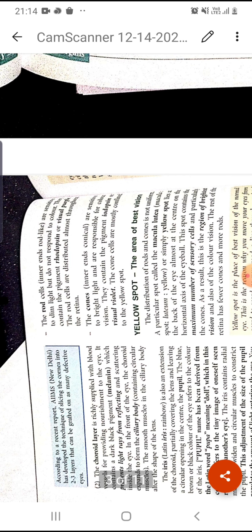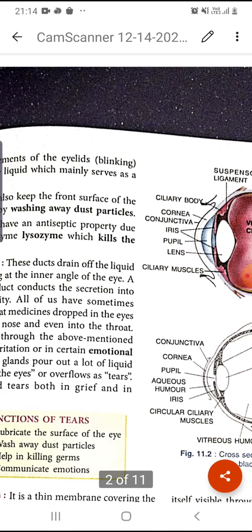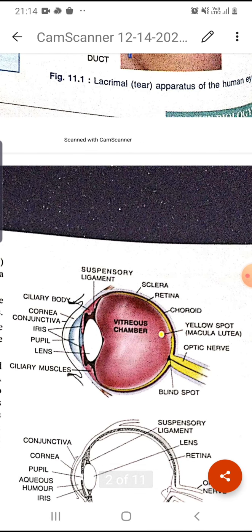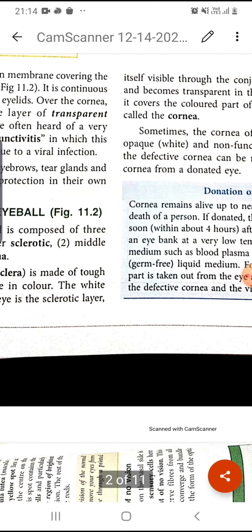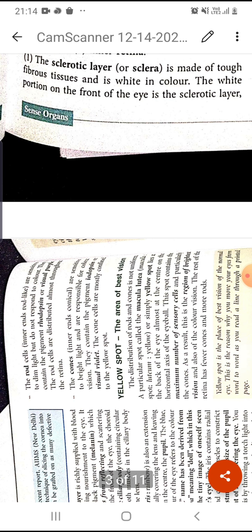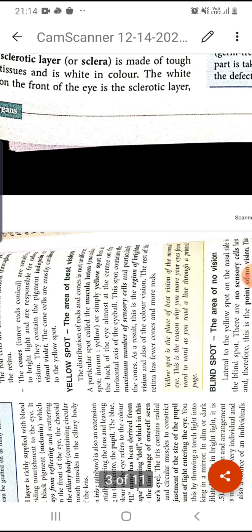The cone cells are mostly confined to a region, the yellow spot. Here you can see the yellow spot or macula lutea, which contains the cone cells and iodopsin, and is responsible for our color vision.